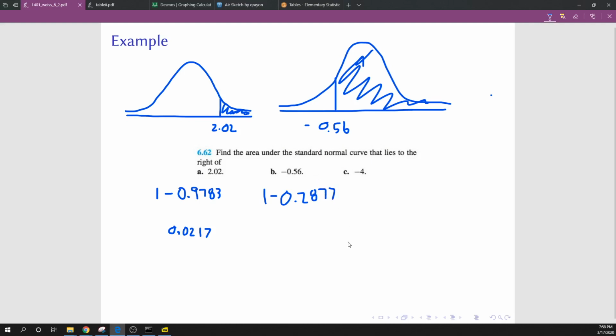All right, and so that's going to be 1 minus 0.2877, which is 0.7123. That looks okay, and so that would be the answer on part B.